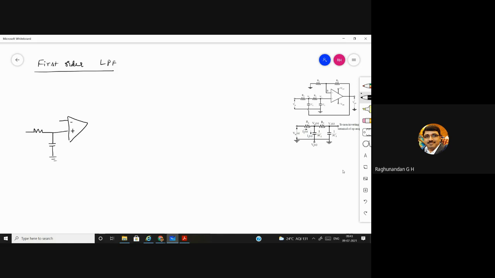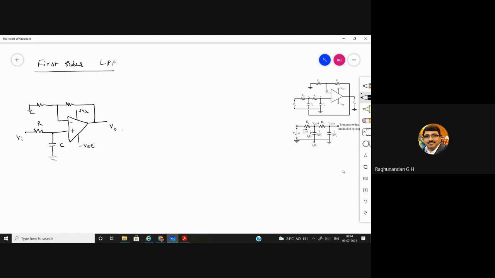As usual, we have a resistance connected to the inverting terminal. This is the input, plus VCC and minus VEE. This is R, this is C, and this is V naught.